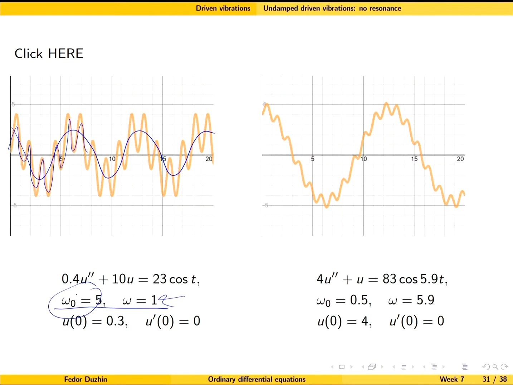In this case it is kind of similar: there is this general trend which corresponds to the less frequent oscillation, and there is this motion around it, which is more frequent.